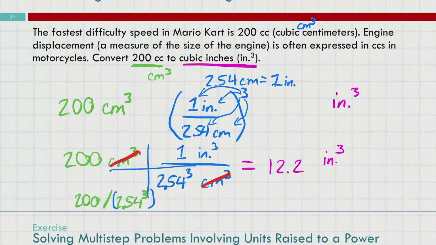We get out 12.204 and all this other stuff. Questions?